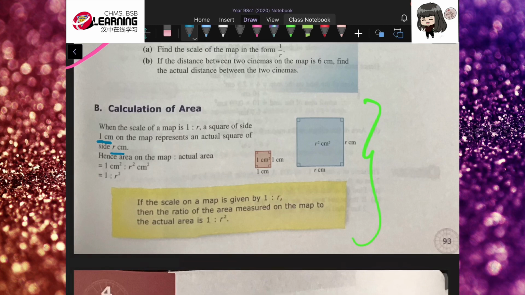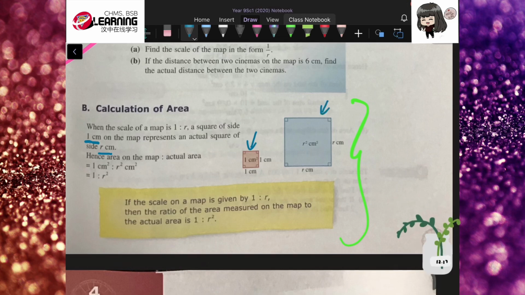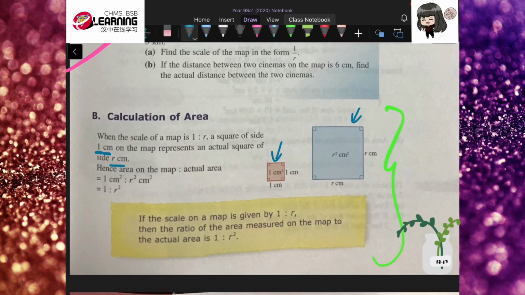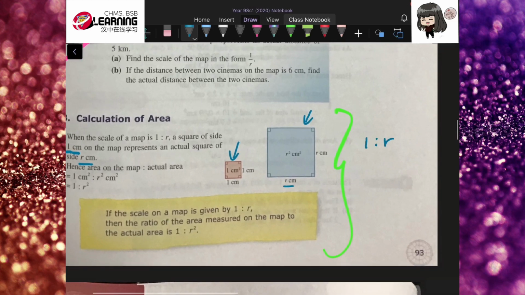Let's say this is a small part from the map, 1 cm by 1 cm, one small square from the map, and this is the actual size represented by the map, where the length is R. So we know the map scale is 1 to R according to the length, 1 centimeter to R centimeter.